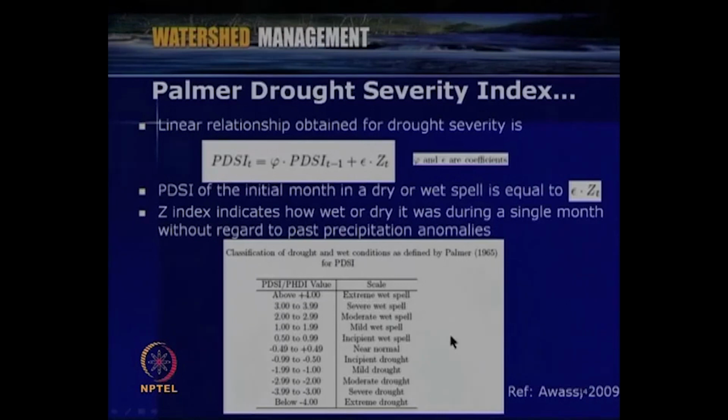So, that way this Palmer drought index has been derived, and depending upon the area we can quantify it, and then predict whether there is any possibility of drought, whether it is mild, moderate, severe or extreme.